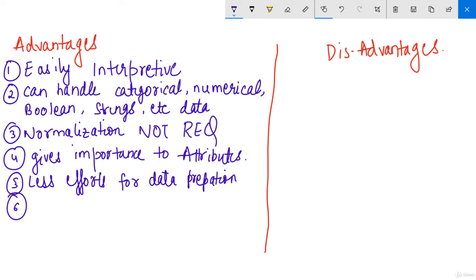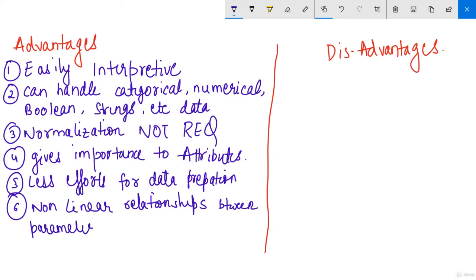And sixth and the last one is it can handle nonlinear relationships between parameters, and they do not at all affect the performance of the tree.